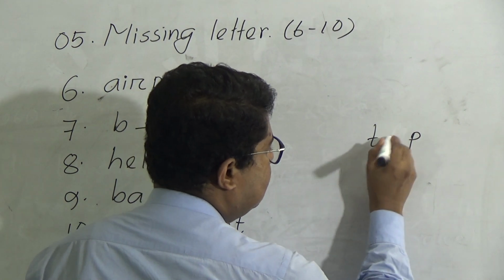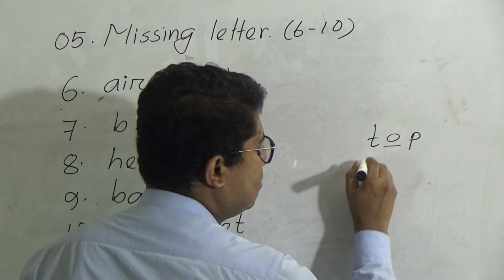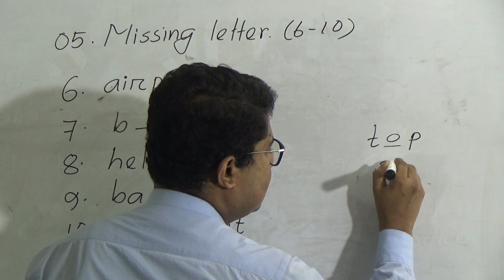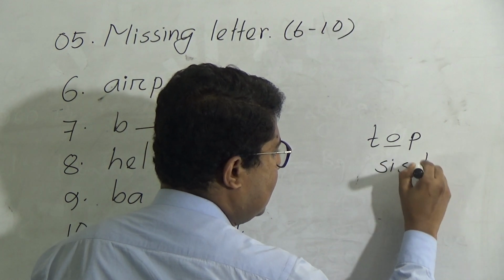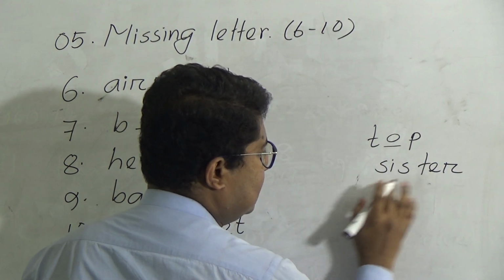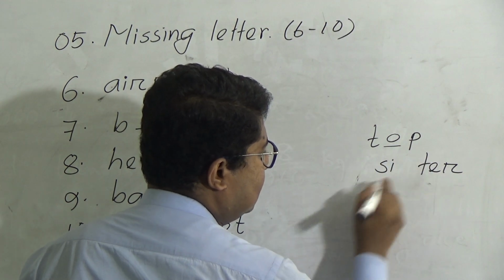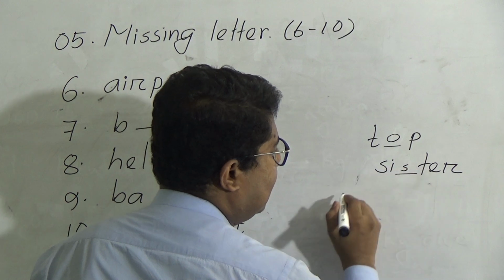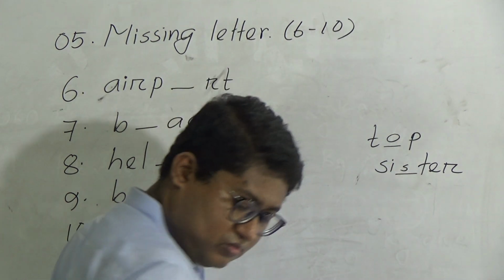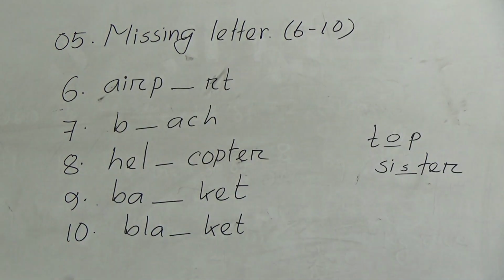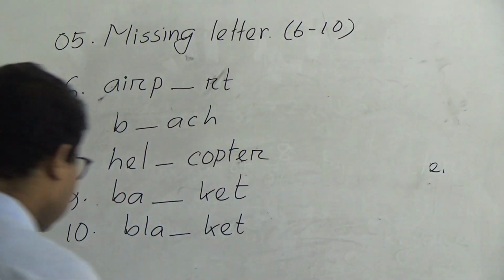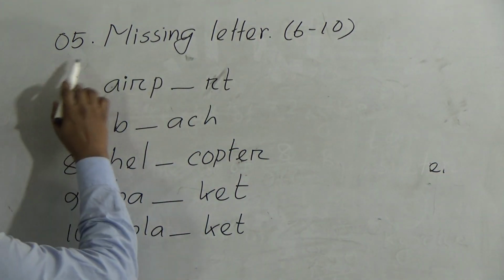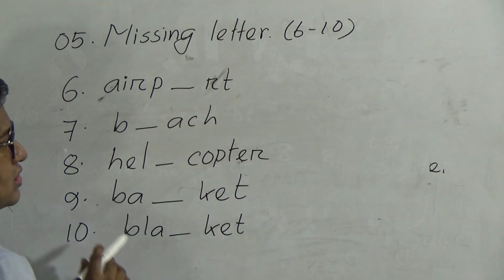The missing letter is O. If I write SIST here, if I erase this letter, this is called a missing letter. So in this place we have to write S. Okay, so this is called a missing letter. So let's see our today's class, missing letters 6 to 10.